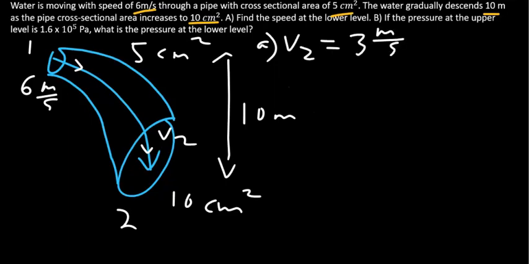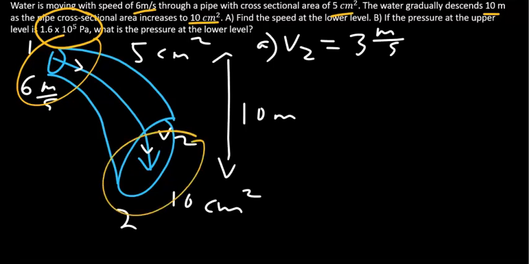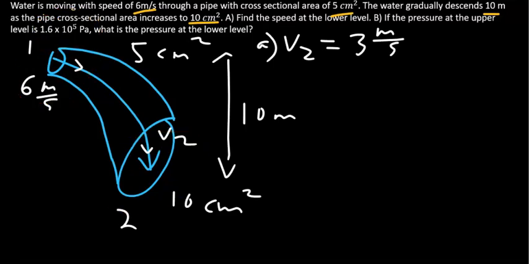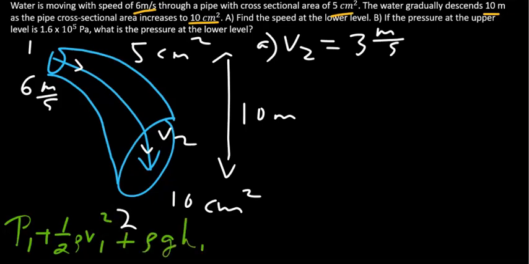Part B. If the pressure at the upper level, that is here, is 1.6 times 10 to the power 5 Pascal, what is the pressure over there at the lower level? So this is where Bernoulli's equation comes in. At point 1, the terms are P1 plus half a rho V1 squared plus rho g H1.